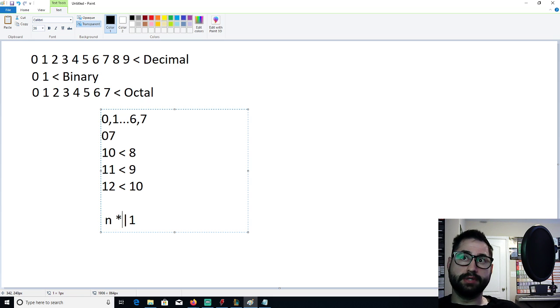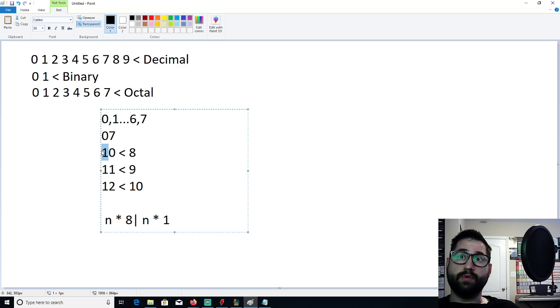Whatever number's there, you times it by 8, and then whatever's in the first column, you times it by 1. Then you add them together, and that's what you get.